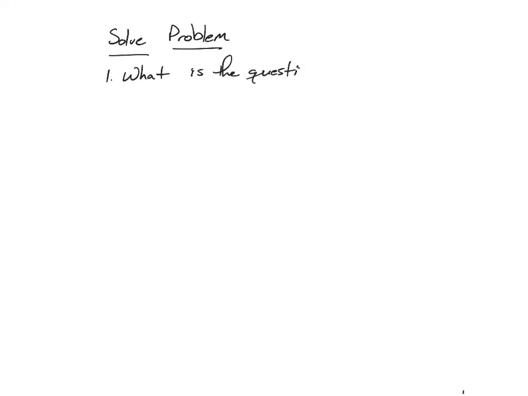What are they talking about? What do they want? So part of that is you have to read, and then you have to phrase it in your own words. If you don't understand the question, then you're kind of wasting your time, right? Or you're going to guess. So you always start off with trying to understand what the question is.